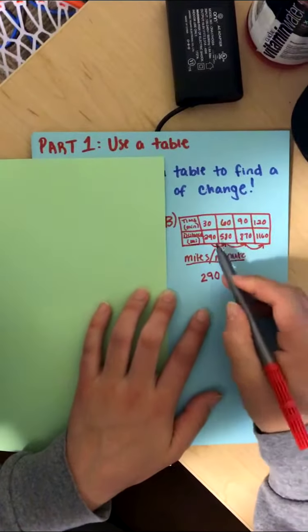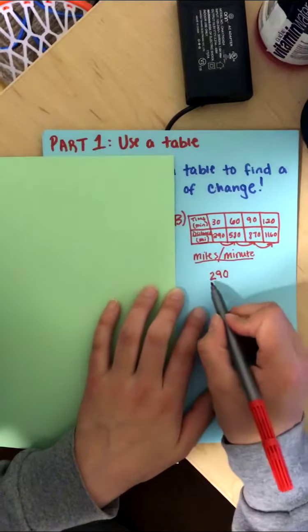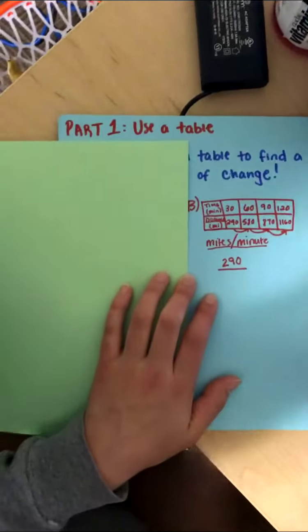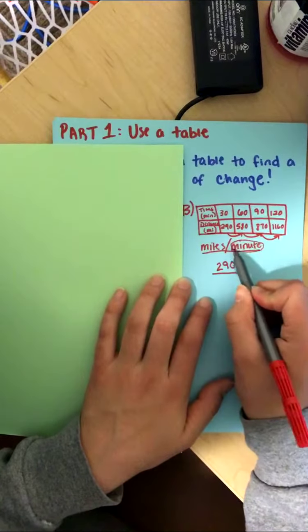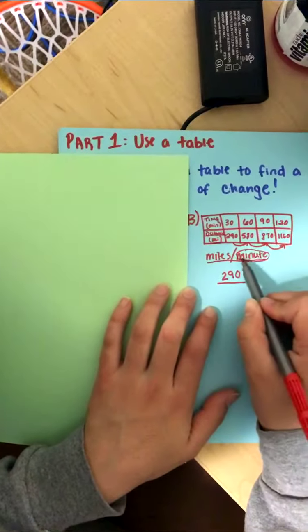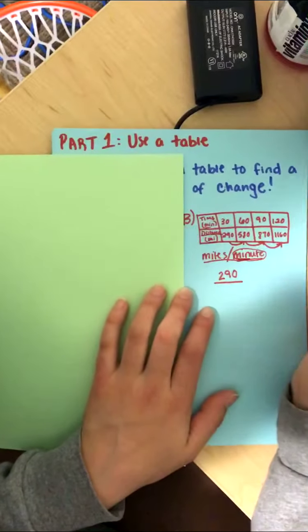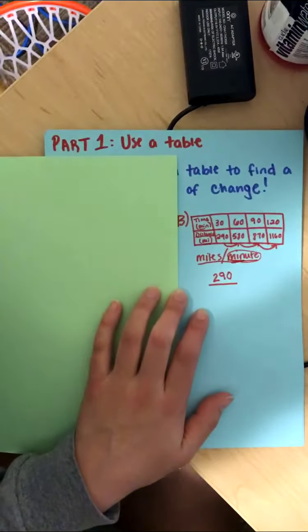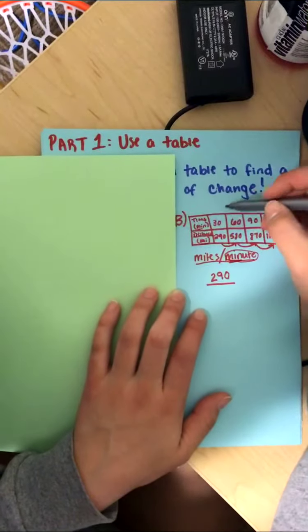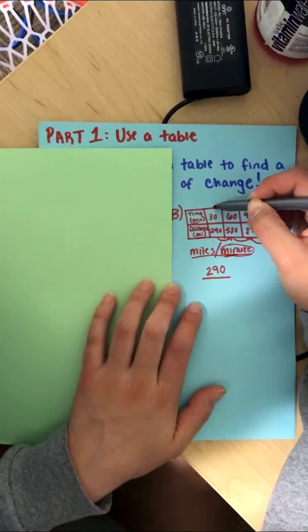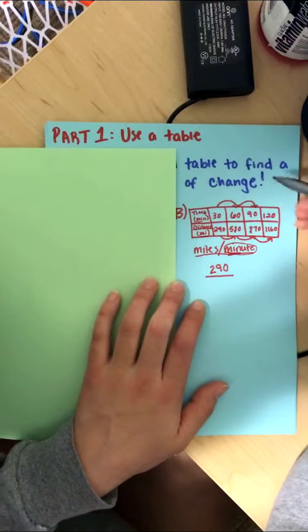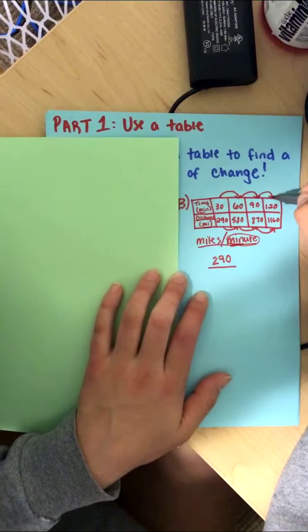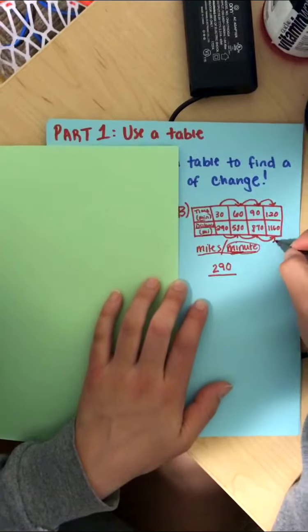So as we go, it just gets bigger and bigger. Now, we do have a denominator. And that is the time right here. This abbreviation is minutes. And as we continue to go, we see that 30 goes to 60, 60 goes to 90, and 90 goes to 120.